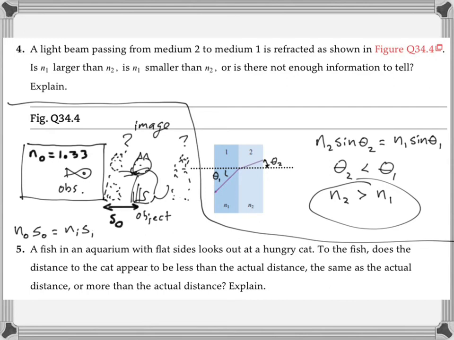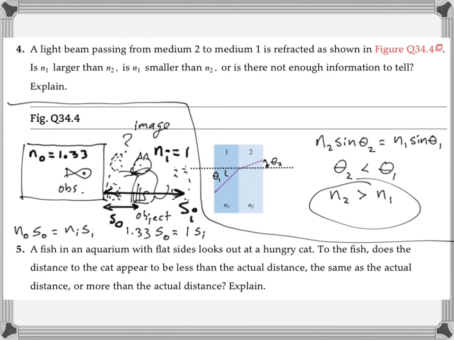The S_O in the equation refers to the distance to the object, in this case the cat. The N_I refers to the index of refraction where the image is going to be located. So that's going to be the air, that's where the cat is. So air has an index of refraction of 1, or very close to 1. And the S_I is going to represent the distance to the image of the cat, wherever the image is going to be located. We'll see from the equation where we can conclude that the cat's image is going to be located. For now, we just call it S_I, and we'll see what happens.